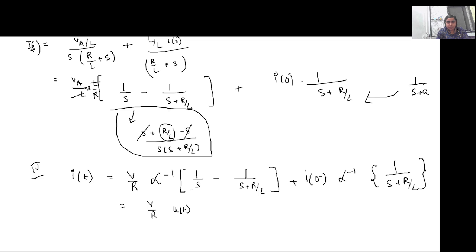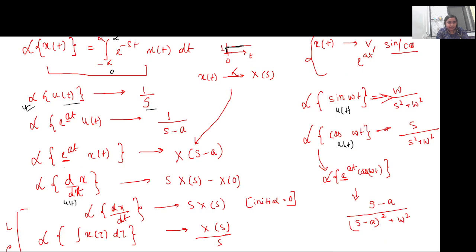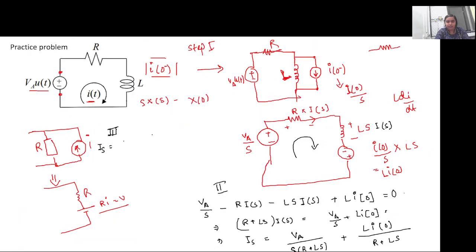So in this case it is U of t minus, now this is of the form S plus some constant A. So it will be U of t multiplied by e to the power minus R by L of t. You see, in the first we had written it like this. So e to the power at U of t is equal to 1 by S minus A, right?